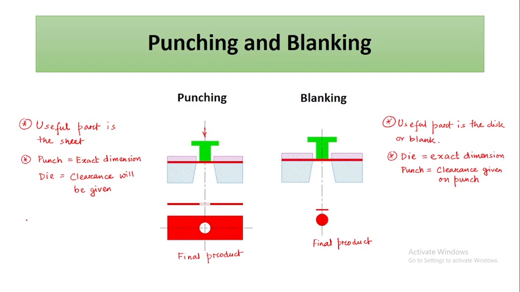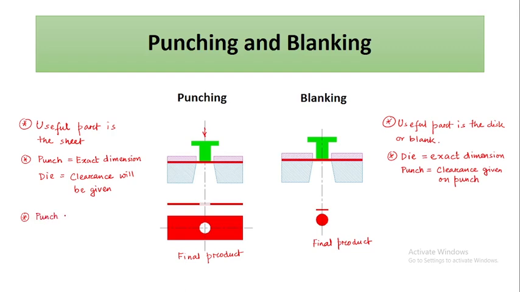Okay. So in case of punching, if the punch will have the exact dimension, then whatever the size of the hole we want to produce, that size will be the size of the punch.